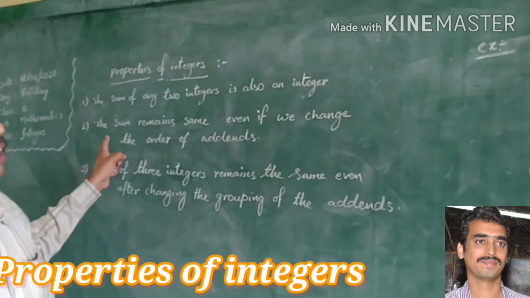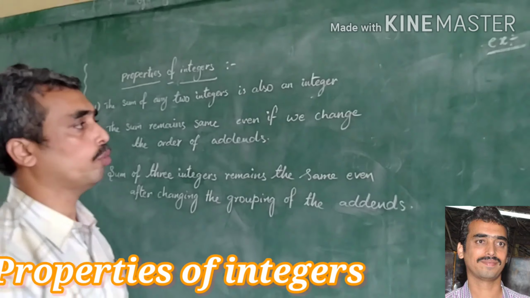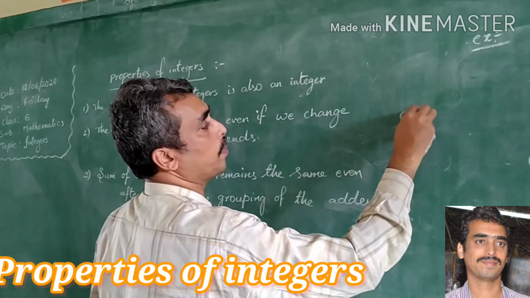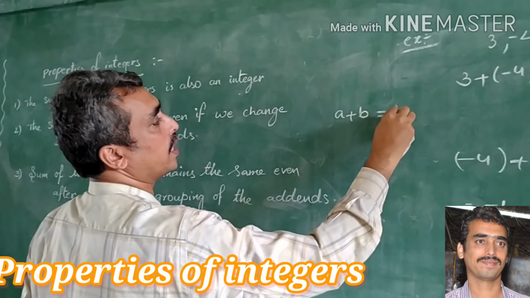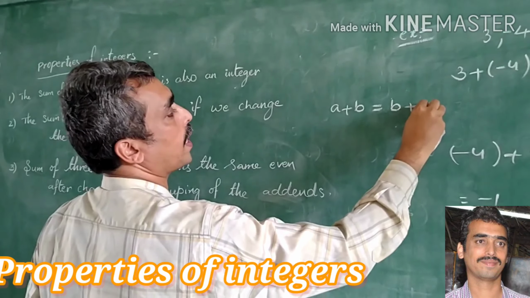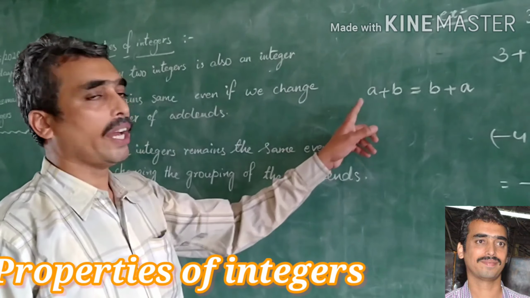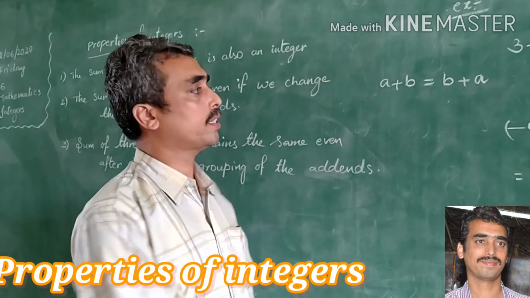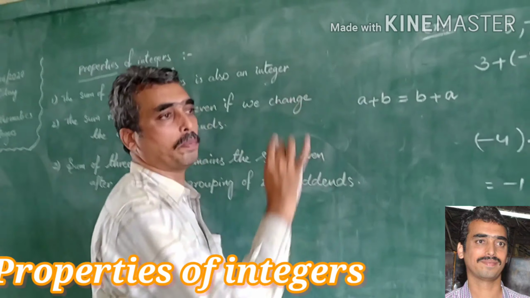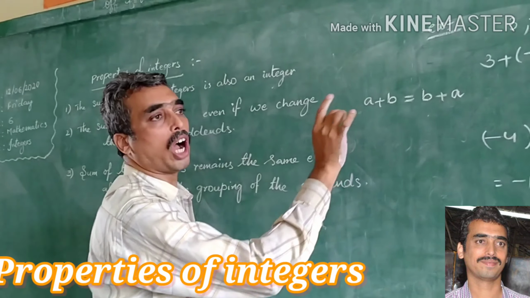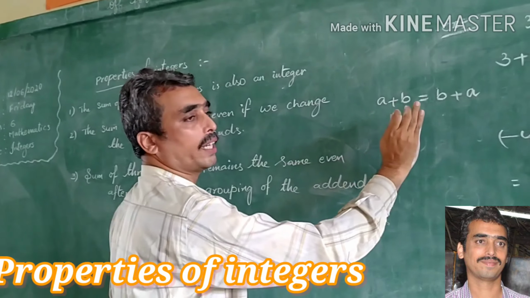This is another property. This only we call a commutative property. A plus B is equal to B plus A, where A and B are any two integers. A plus B is equal to B plus A. This is called commutative property under addition.